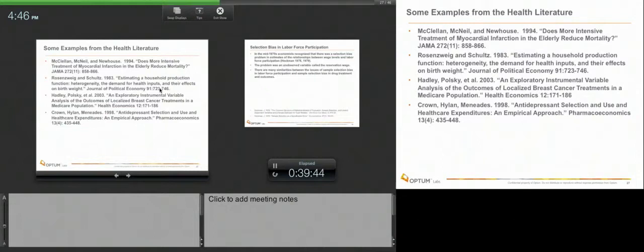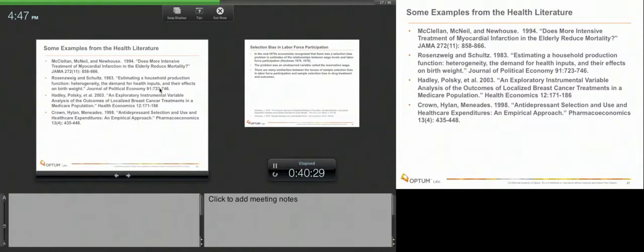And the most famous citation is McClellan, McNeil, and Newhouse, who used distance from cardiovascular centers as an instrument for access to care and severity, because people that are really severely ill and are having an AMI are likely to go to the local hospital, but that's not a very good measure of whether or not a more intensive intervention is successful, because it's confounded by the fact that they're just being taken to the nearest place.